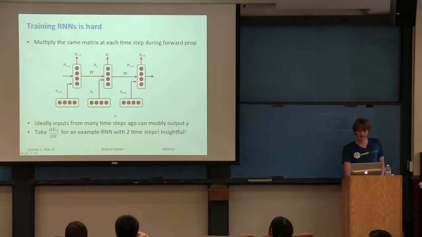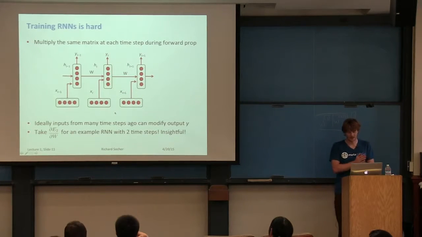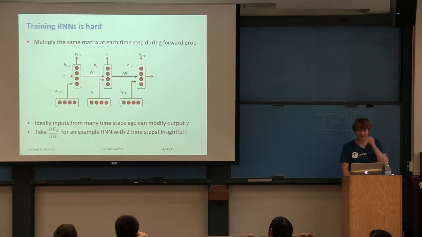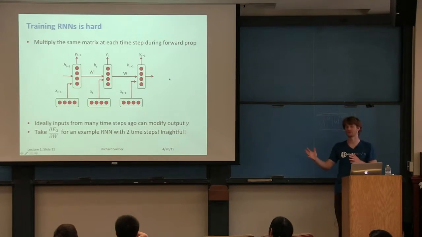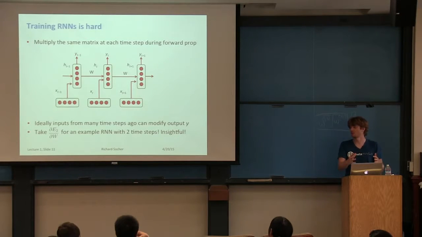And so ideally, in theory, if I have an output here at time step t = 1,000, and maybe 200 time steps before, something really important happened, and I want that to still modify what comes 100 or 200 time steps later. However, that is a very hard problem for RNNs to really be able to do.